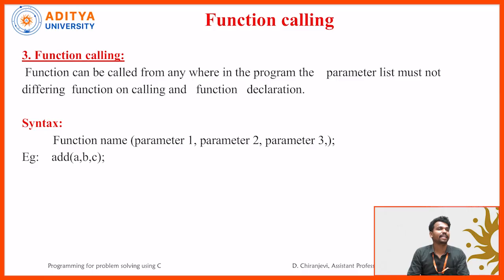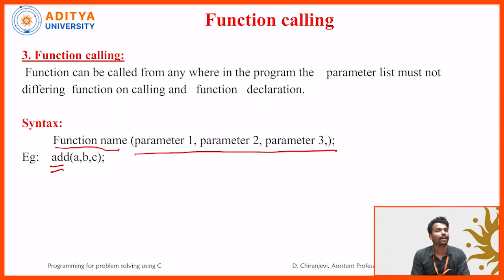Okay, now the next one is function calling. A function can be called from anywhere in the program. Okay, but we need to ensure that the parameter list must be the same as the function declaration. The syntax of function calling is simply you write the function name, then the parameter list.